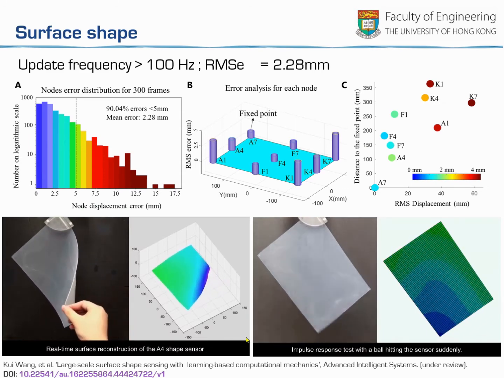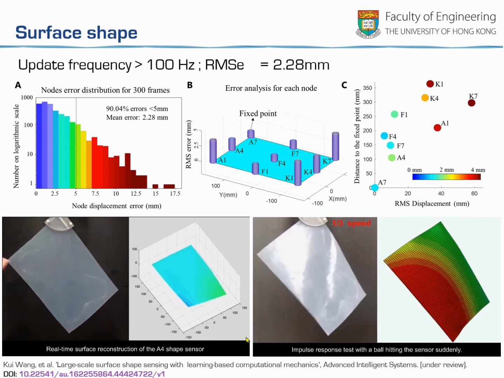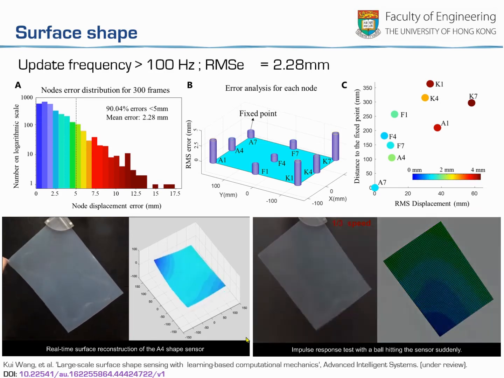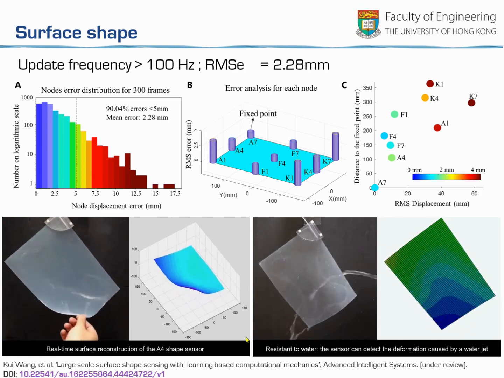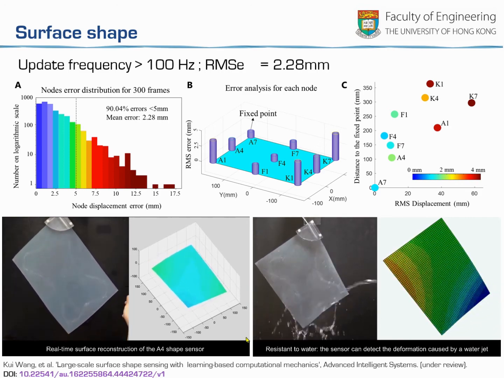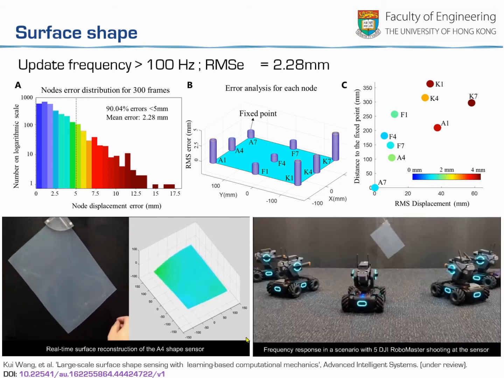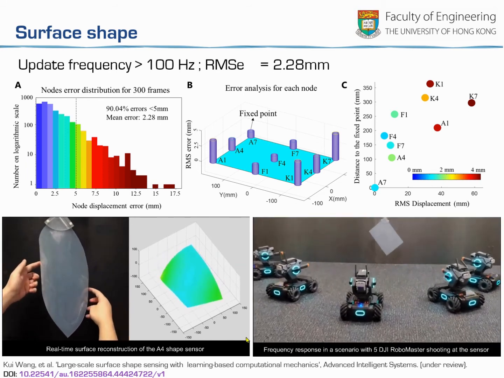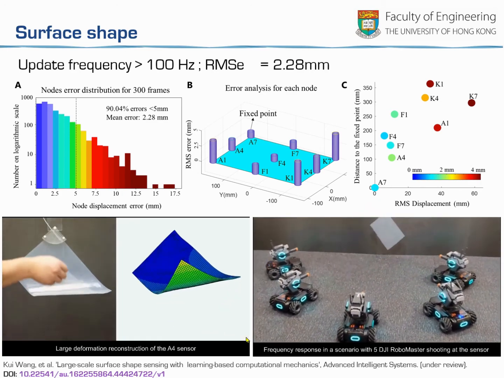Here is the sensing performance of the A4 sensor. We show that the shape sensor responds accurately to different external stimulation, such as hand deformation or the impact from a water jet and small bullets. The sensing accuracy was tested by comparing with ground truth.